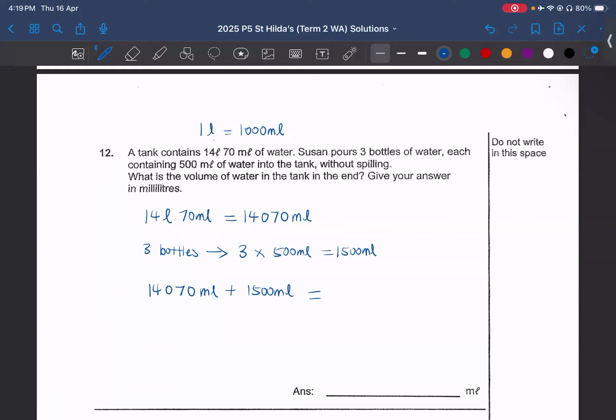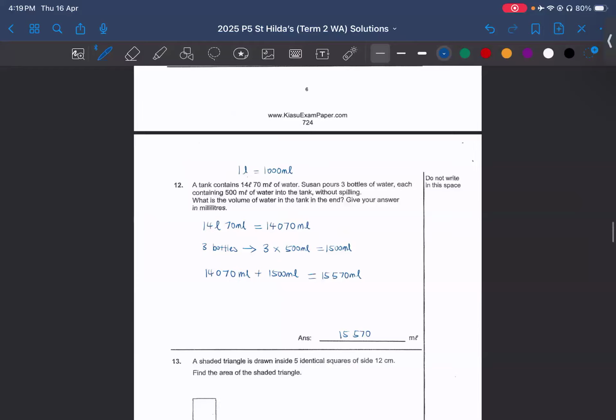So you will get 15,570 milliliters as your answer. 15,570 milliliters for question 12.